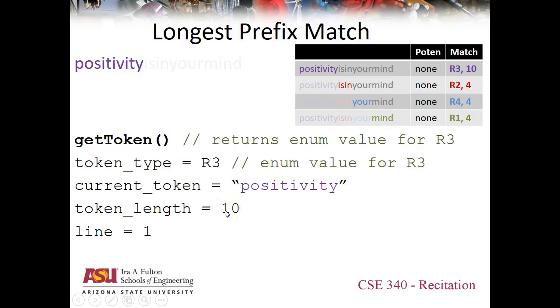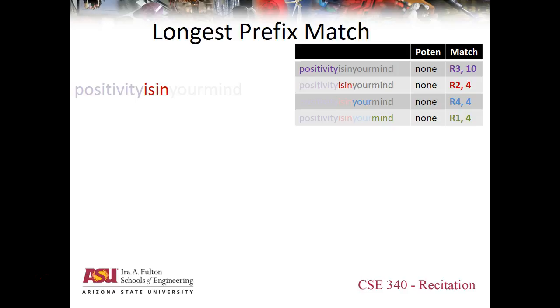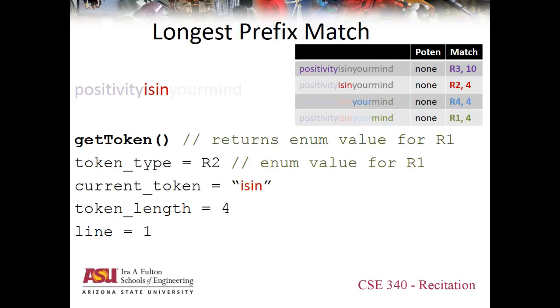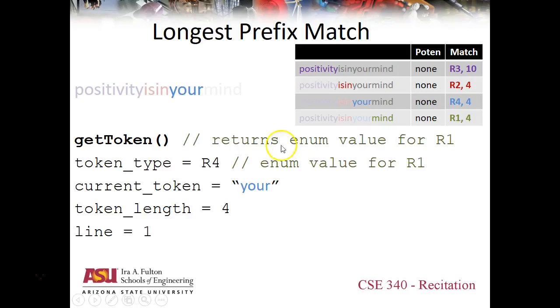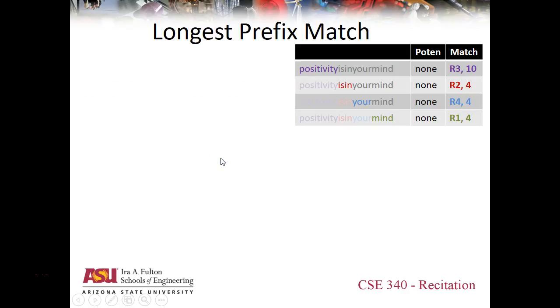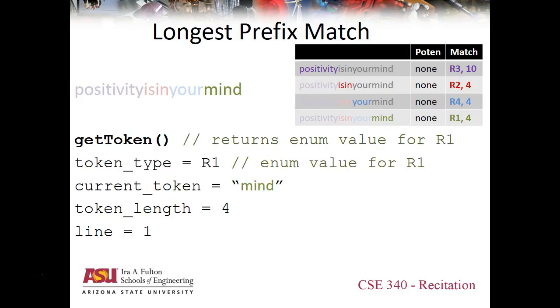So those are all the global variables that are set that we used on project 2, just to kind of reiterate how the get token was working. So the is-in would be returned on this one, token length 4. I think you guys get the drift. I will fix the slides.